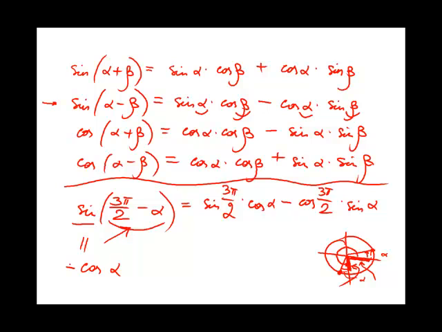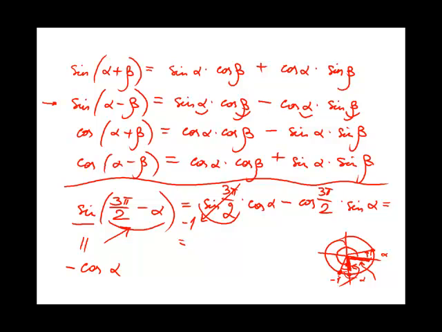Now, if I use the formula, what do I have? What is sine 3 pi over 2? Look at these unit circles. I think that it's minus 1 from the unit circle, because 3 pi over 2 takes us to this point.